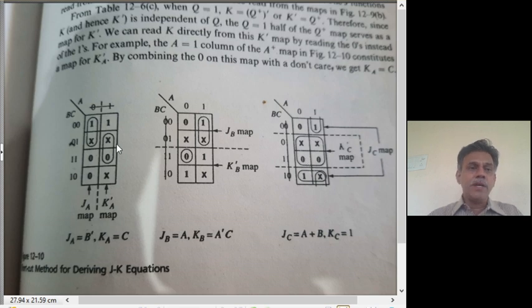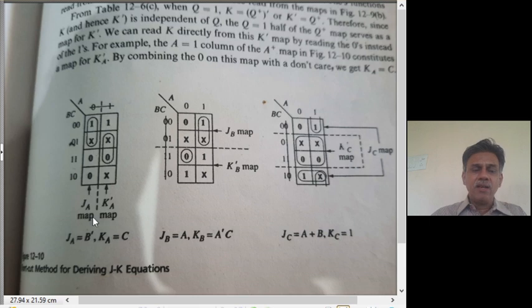So what you have to simply do is, let us say this is the K map for C plus. How you arrive at it, you don't worry. You have arrived at the C map, and this is the K map for A plus. Having arrived at it, how do we arrive at JA and KA is what is illustrated here.